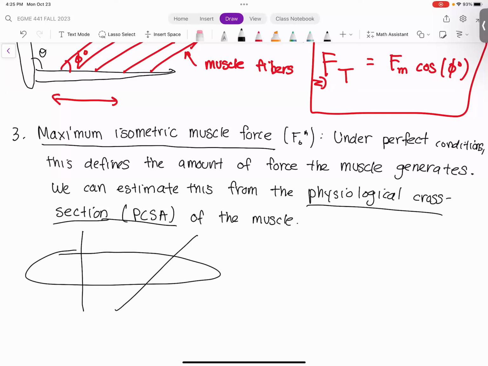And so for the physiological cross section, the PCSA, we take our cross sections to be perpendicular to the muscle fibers. Okay. And so if you have any degree of pennation, where the muscle fibers are not running parallel to the muscle, then you have to adjust your PCSA according to that.